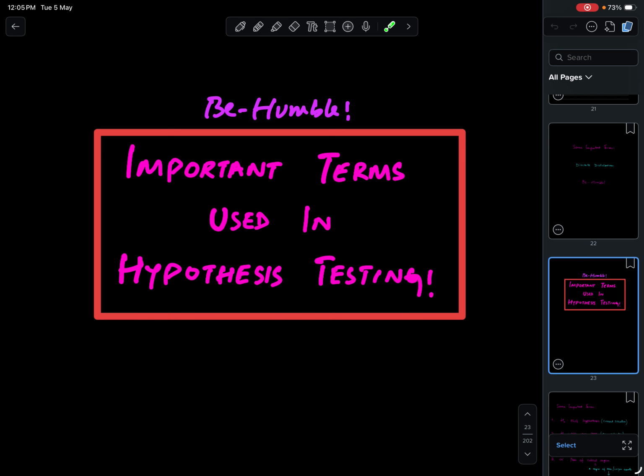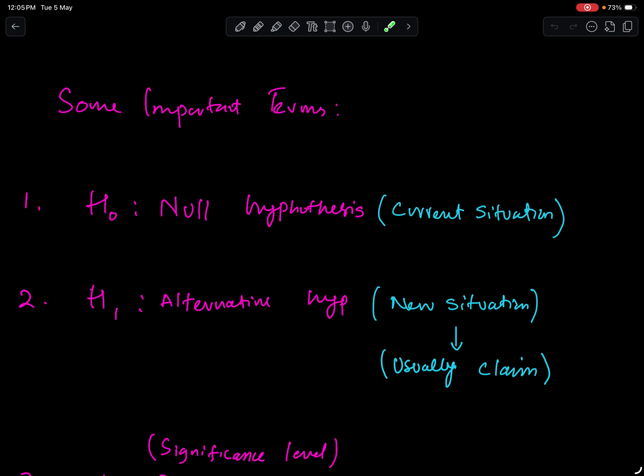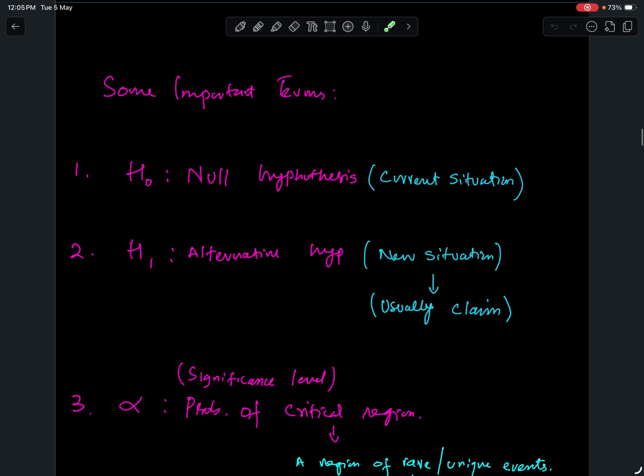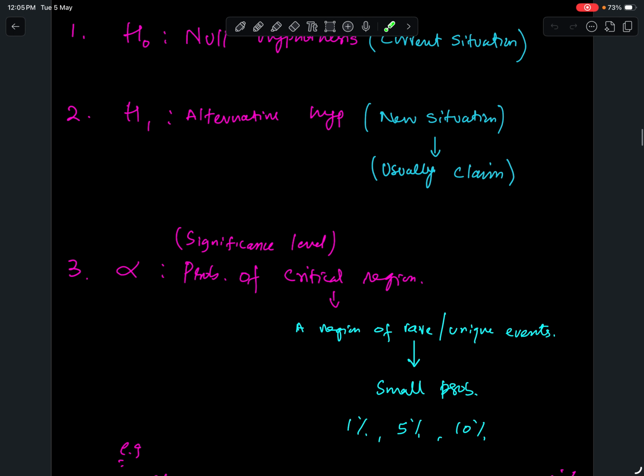Important terms used in hypothesis testing. H0 means null hypothesis, the current situation. H1 is the alternative hypothesis, the new situation, usually the claim, not always.